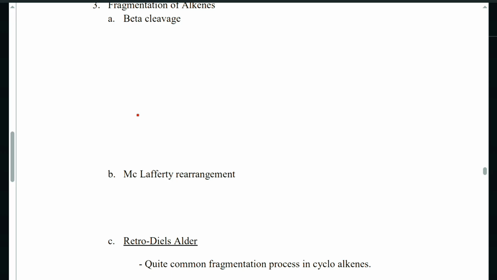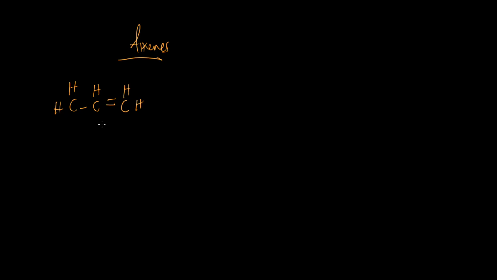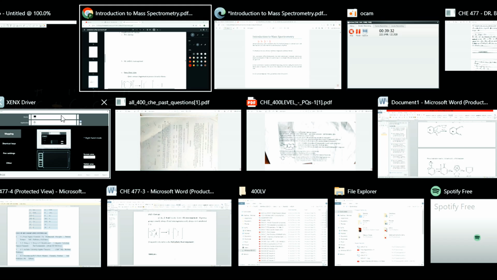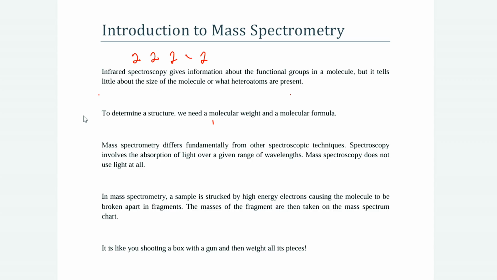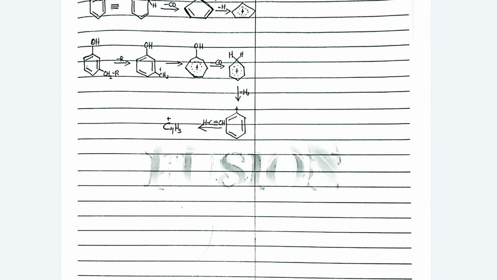So basically we have the beta cleavage. Let's add more to it. Let's add more C, H, H, H, H, right? So let's look at this from your notes here.